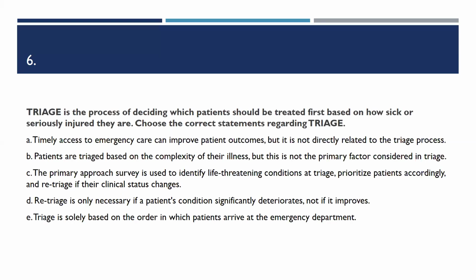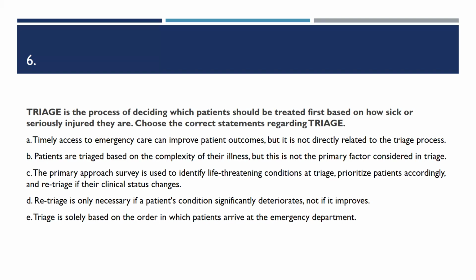Triage is the process of deciding which patients should be treated first based on how sick or seriously injured they are. Choose the correct statement regarding triage. A. Timely access to emergency care can improve patient outcomes, but it is not directly related to the triage process. B. Patients are triaged based on the complexity of their illness, but this is not the primary factor considered in triage.